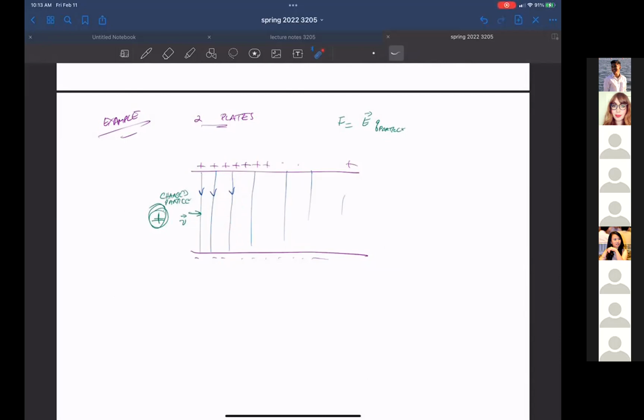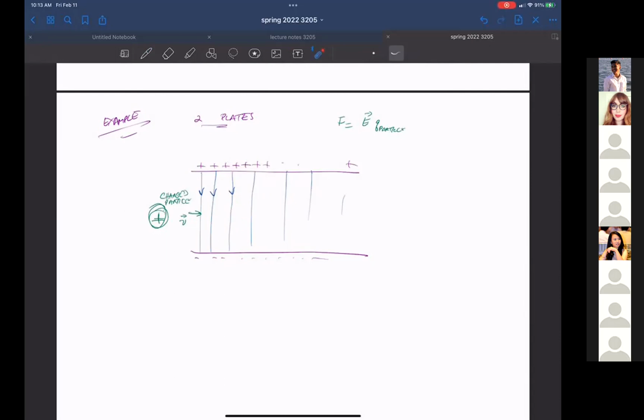Why doesn't the force get stronger as it moves closer to the negative side? So think of it this way: as you move closer to the negative side, you get a stronger force pulling it from the negative charges here, but the force gets reduced from the positive charges pushing it.